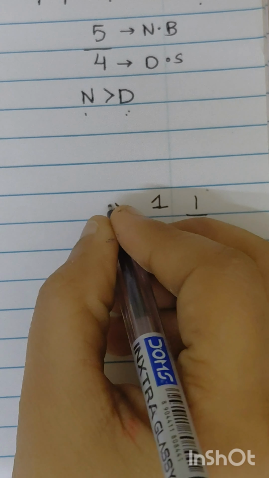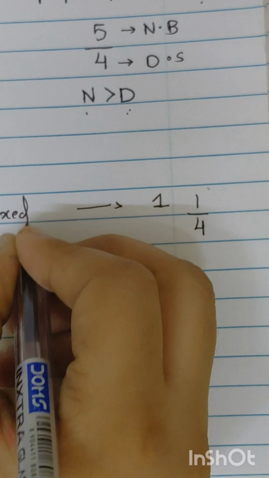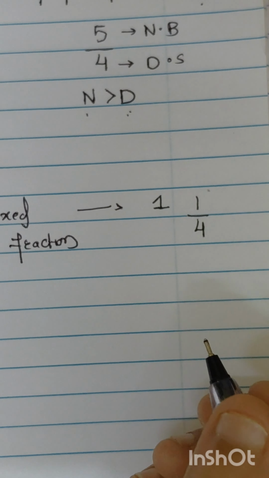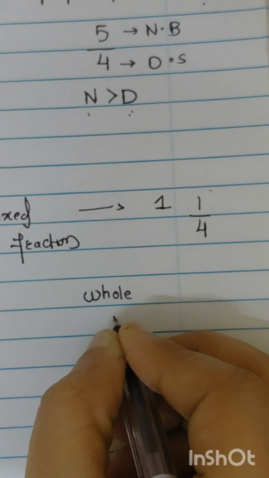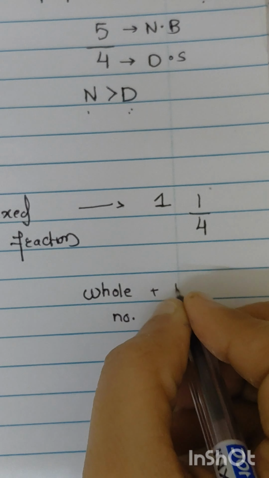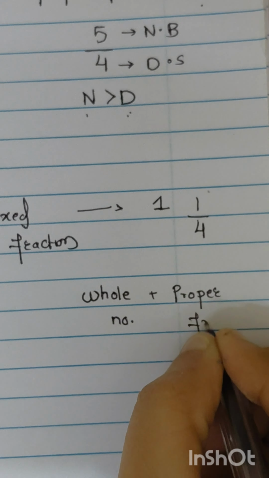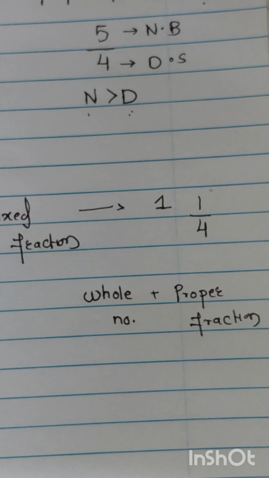So this kind of fraction is known as a mixed fraction, in which we clearly see a whole number with a proper fraction. That means the improper fraction and mixed fraction are both interlinked.